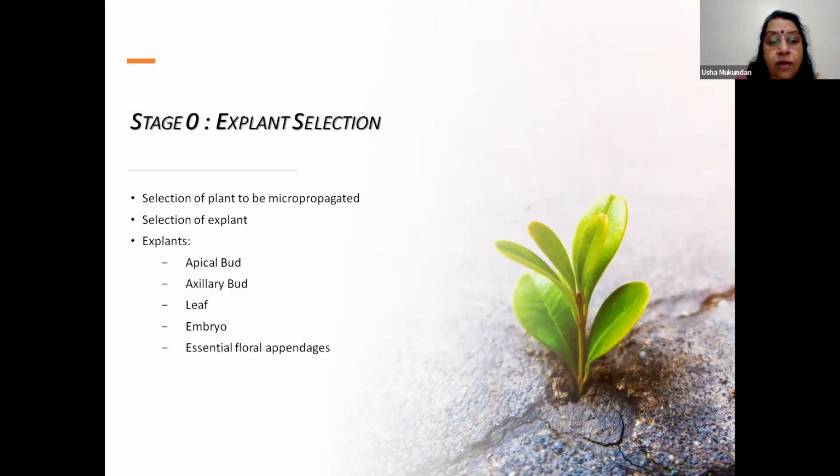So if you want a virus-free plant, then you need to grow apical meristem. That is the ideal explant material.